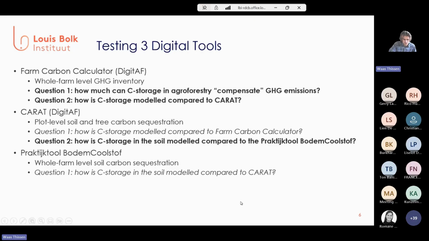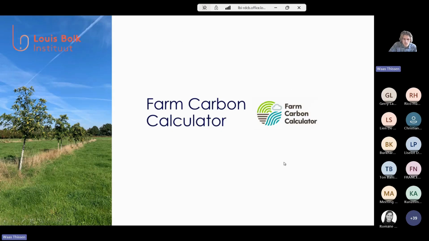So that was a comparison exercise. And then for CHL, question 1 is the same as question 2 for the Farm Carbon Calculator. But basically what I wanted to do in CHL is compare the soil carbon storage with the praktijk bodemkoolstof. So these are the 3 questions that I will go into.